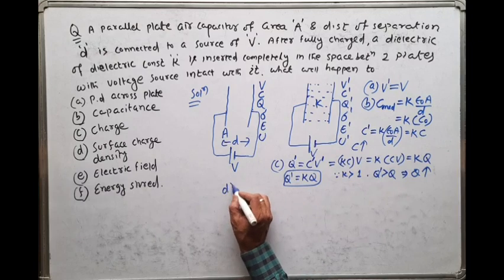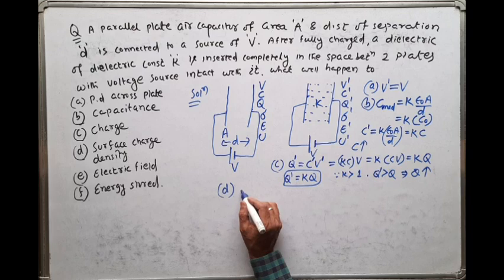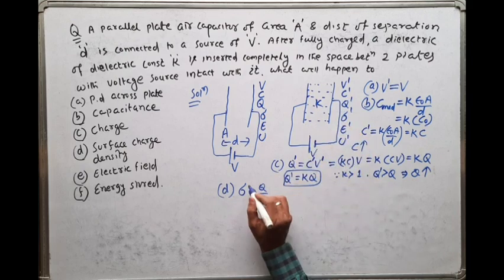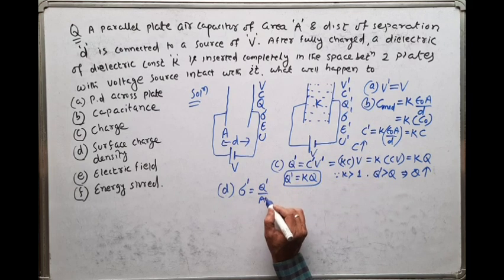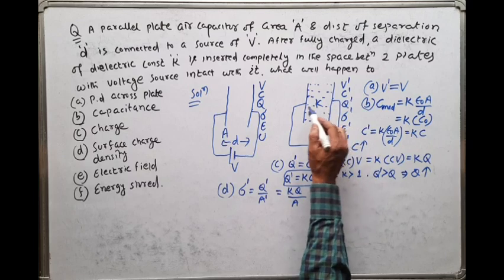Then come to the next bit. What is the surface charge density? Sigma is equal to charge per unit area. So the new surface charge density sigma dash is equal to Q dash by A dash. But Q dash we have already got as K times Q, and the area has not changed for the same plate.